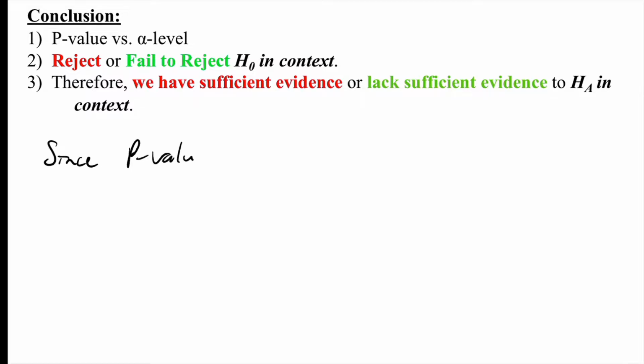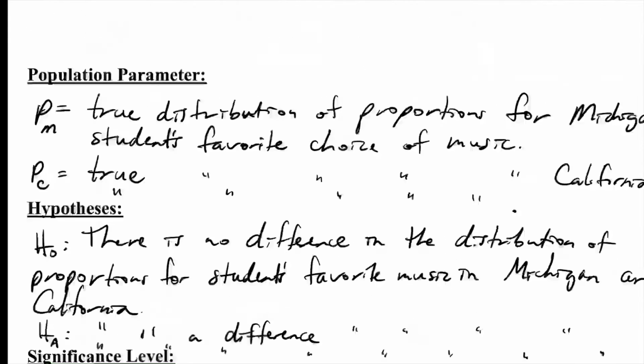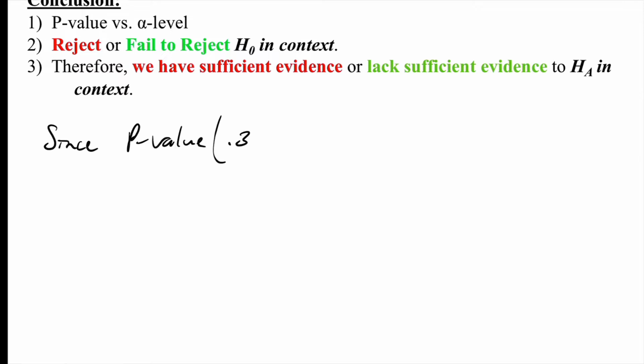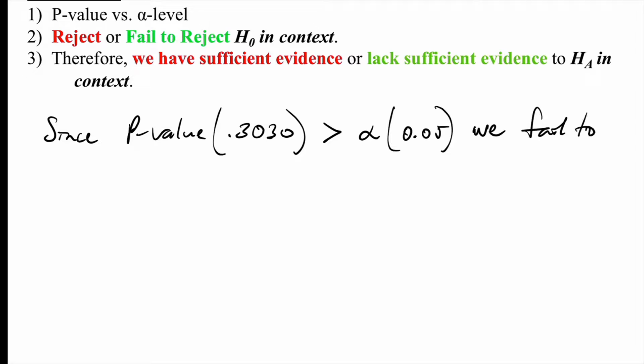Since p-value, which was 0.3030, is greater than alpha level, which is 0.05, we fail to reject the null hypothesis. Okay?